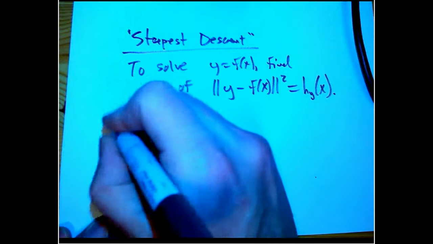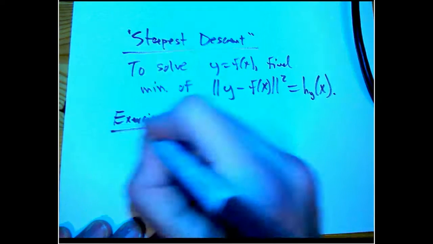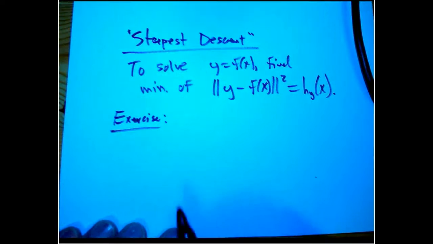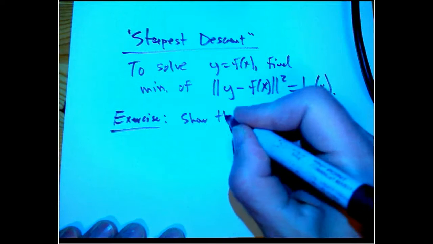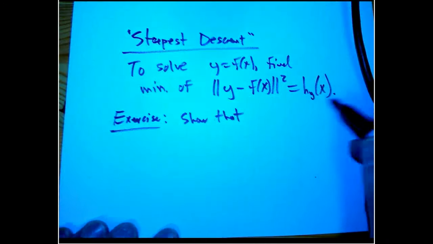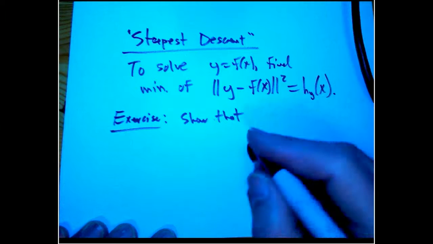So here's a little exercise. It's a version of maybe the very first exercise I gave in the first video. Show, instead of talking about the gradient, I'll talk about the matrix of derivatives of this guy. It's a function to R, so it's basically the gradient.